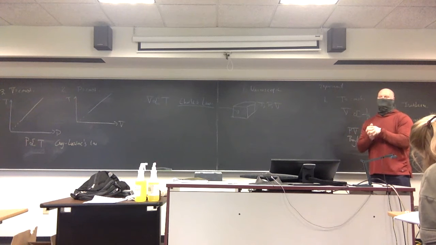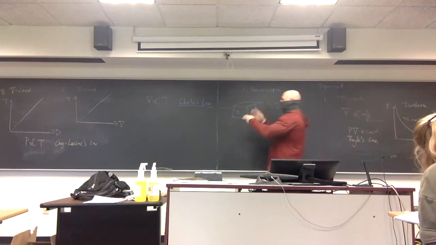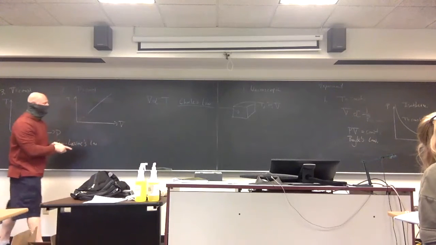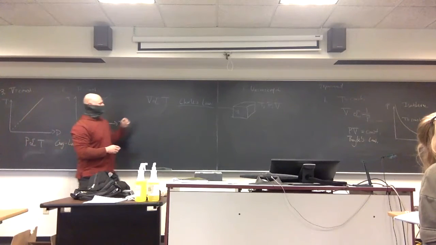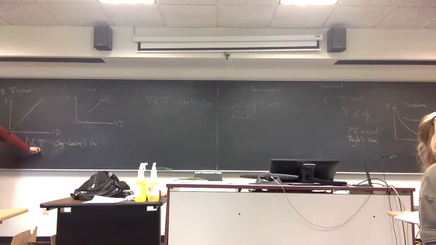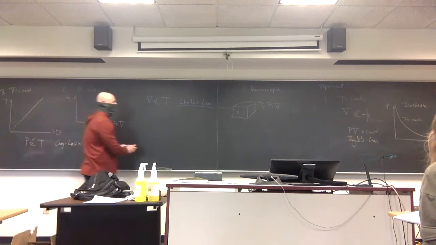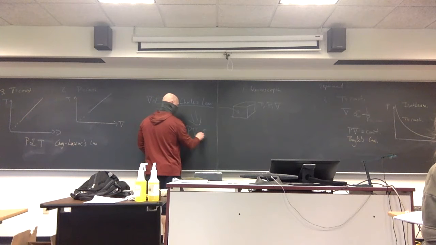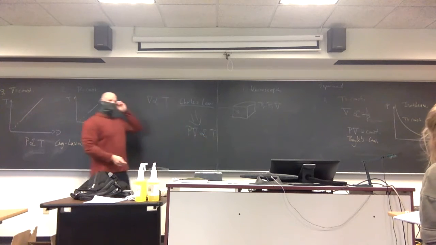Slow progress sometimes. So if I put all these things together, what this says then is, well, if the pressure times the volume is equal to a constant, and the volume is directly proportional to the temperature, and the pressure is also simultaneously proportional to the temperature, what that also tells me then is the net result of this is that the pressure times the volume must be directly proportional to the temperature.